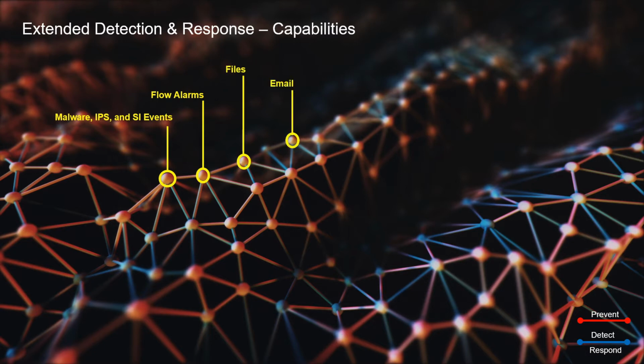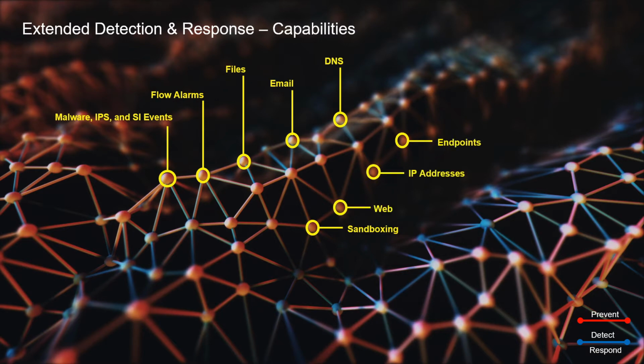Then you get things like files, email, DNS, sandboxing, web, IP address, endpoints, and forensics. Forensics beyond the endpoint, right? We want DNS forensics. We want flow analytics. We want all of that information to help pull the complete story together.